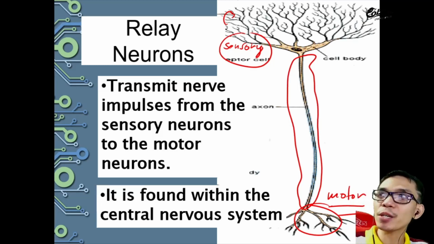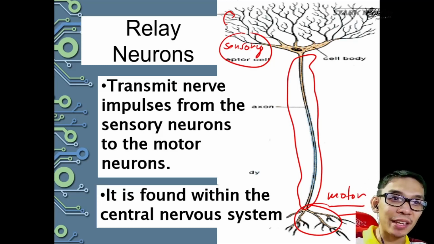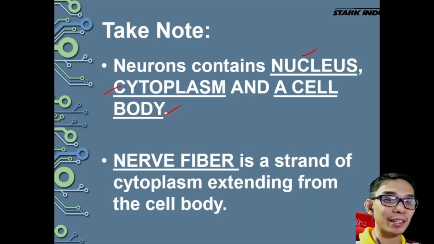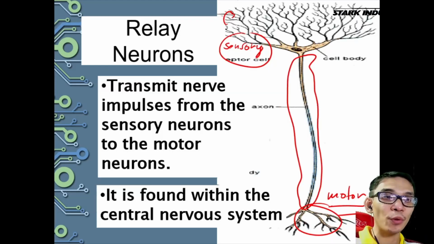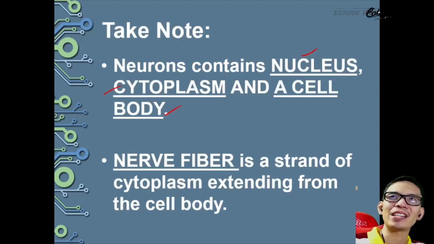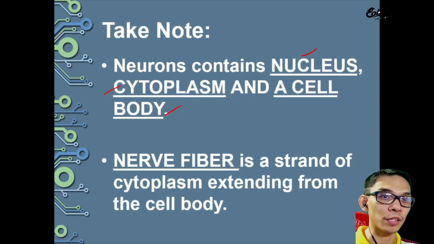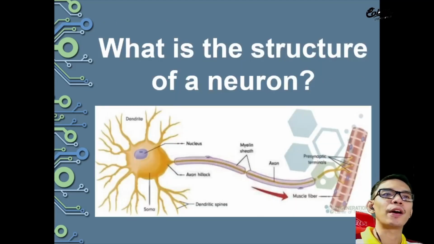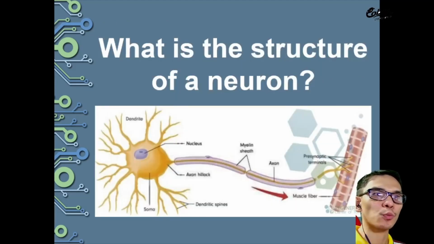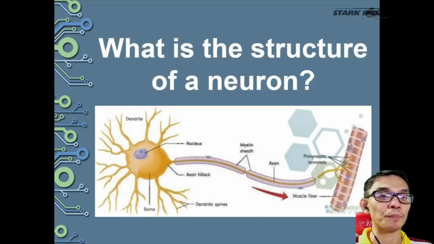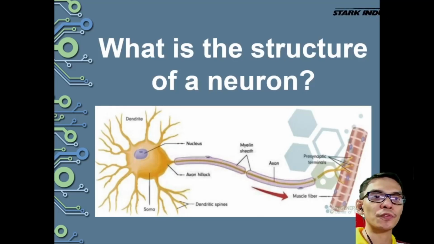The extension of the cell body also extends the cytoplasm into these nerve fibers. That makes your neuron a weird looking cell. So that is the nerve fibers and the typical parts of your neurons, just like the cell. So the question here is, what are the typical structures of your neuron?